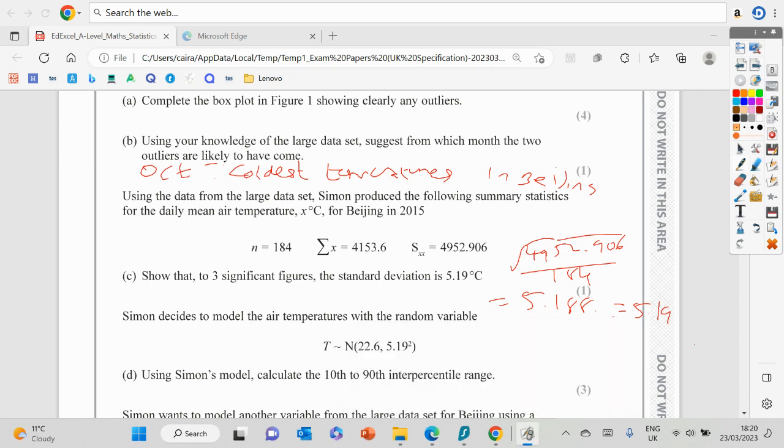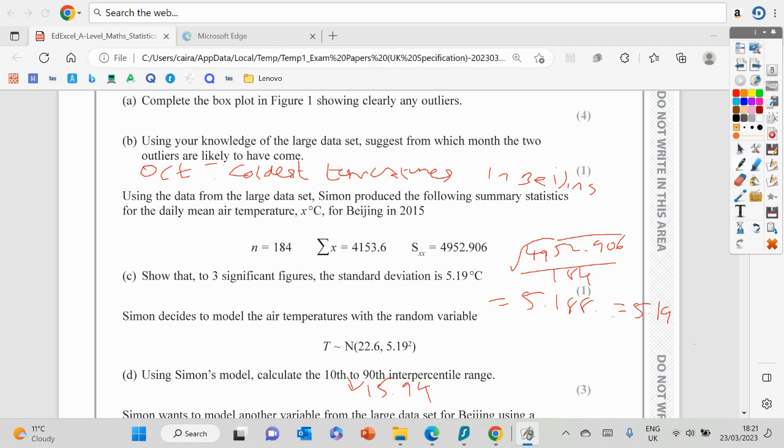Okay, doing that, it gives you a very, very small value, which you'd expect, because we're looking for the 10th percentile, don't forget. It gives you 15.94 and a load of other digits. So the 10th percentile, in this case, is 15.94.